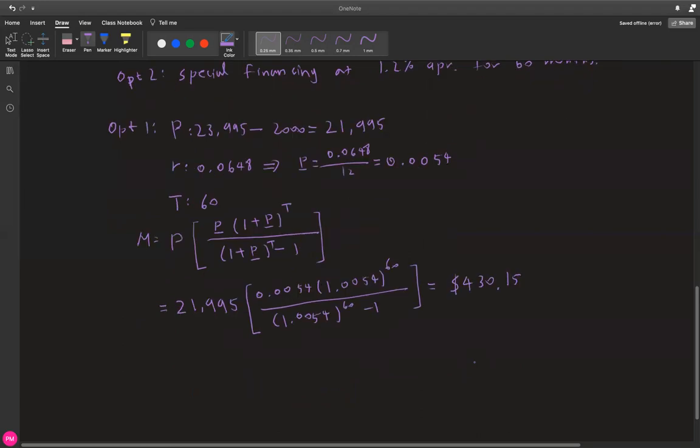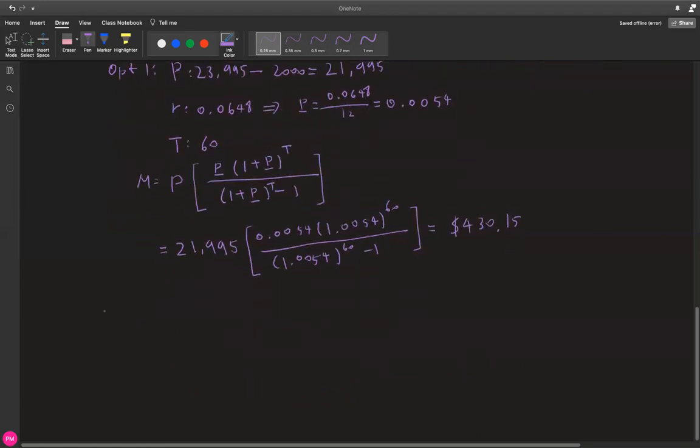So let's now look at option 2. With option 2, everything stays the same, but you do not have any manufacturer rebate, so you're actually paying the full price for the car. And your APR is instead very low.